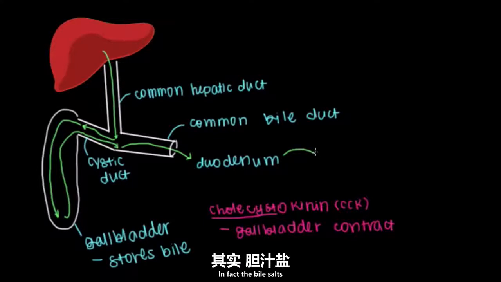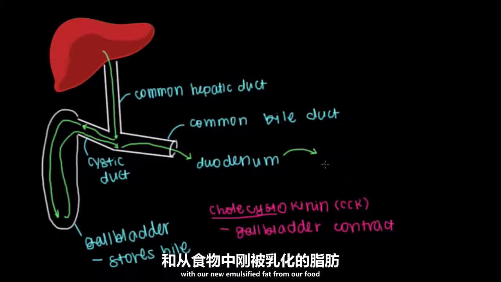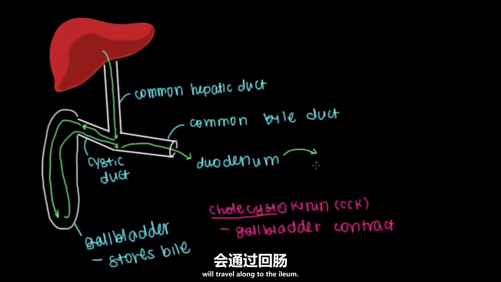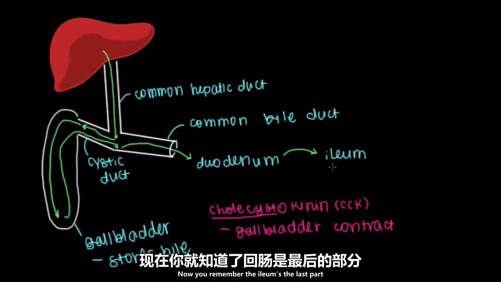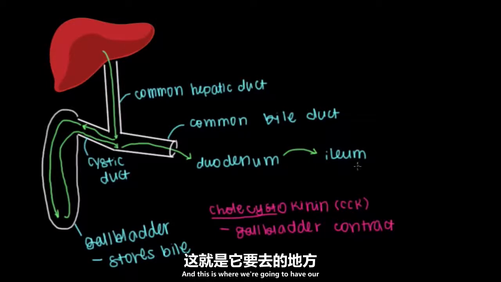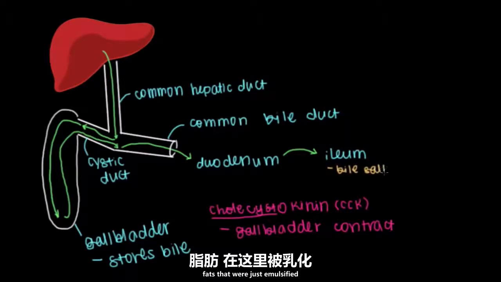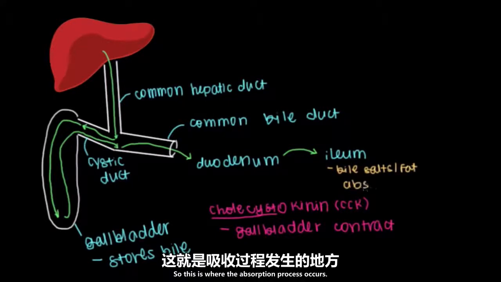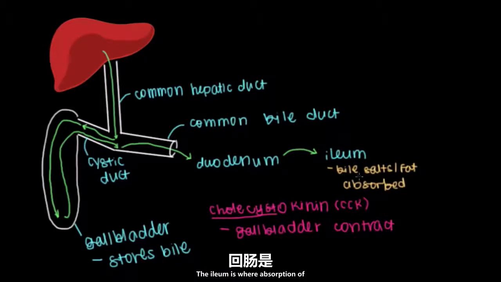In fact, the bile salts with our new emulsified fat from our food will travel along to the ileum. Now, you remember the ileum is the last part of our small intestine. And this is where our bile salts and our fats that were just emulsified are absorbed. So this is where the absorption process occurs. The ileum is where absorption of our bile salts and our fats occurs.